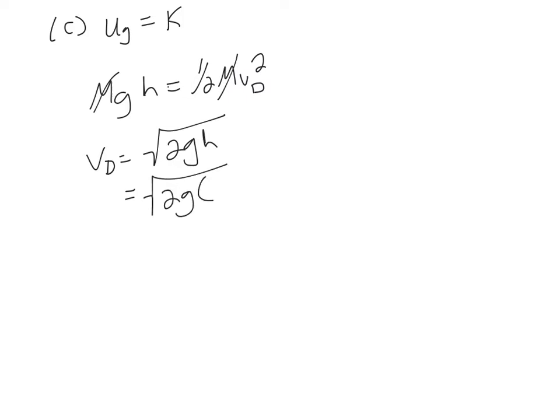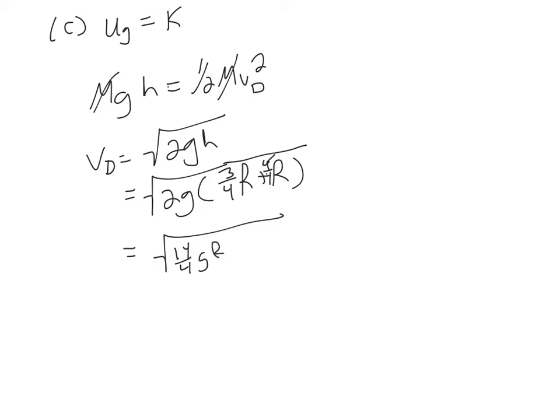You have to be a little bit careful with what h is. It's going to be the total height that it falls. It falls that vertical part of 3/4 R, and it also falls an additional R for the curved part. So that's 4/4 plus 3/4, which is 7/4, so 2g times 7/4 R, which is 7/2 gR.